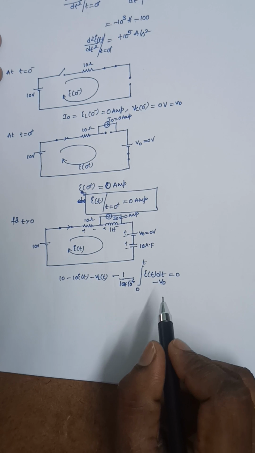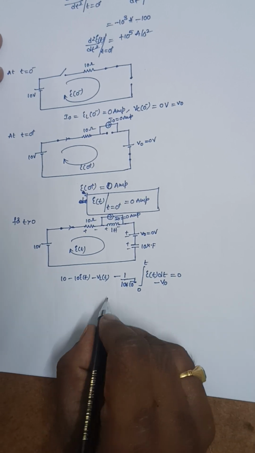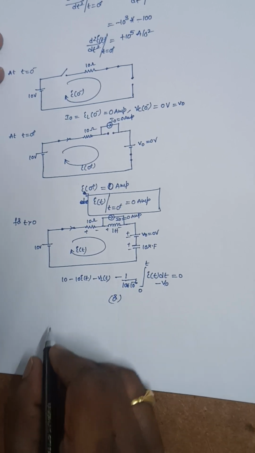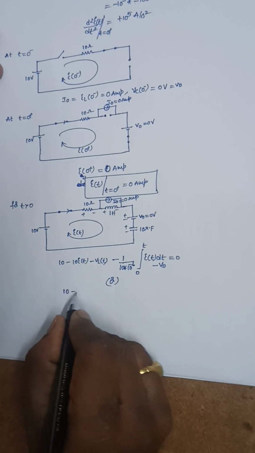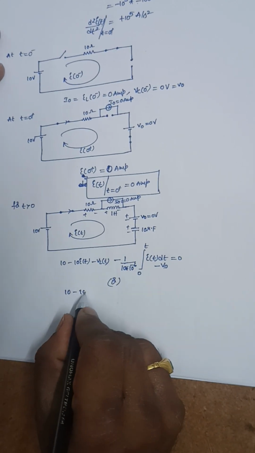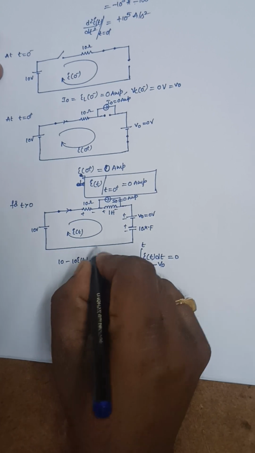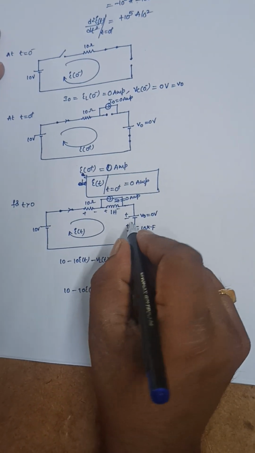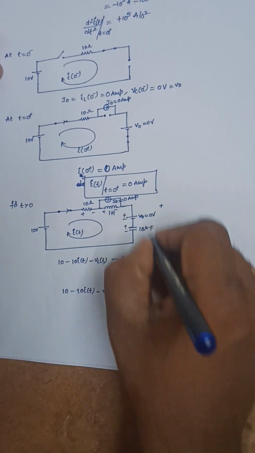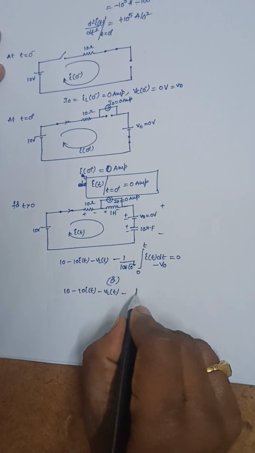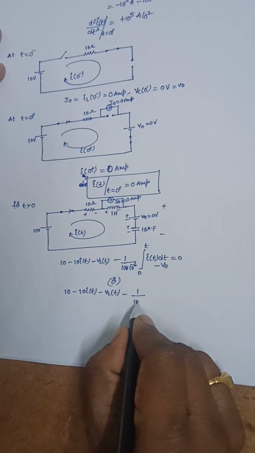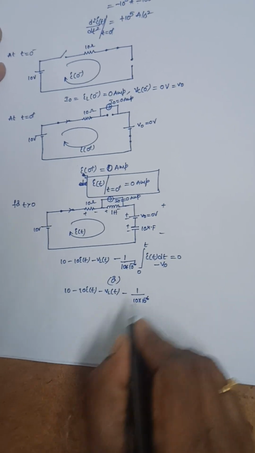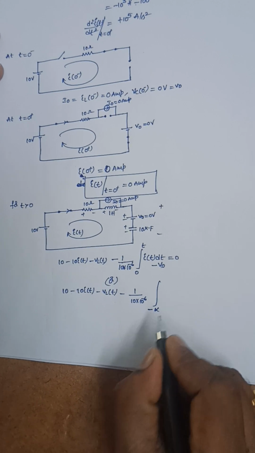Otherwise the same expression can also be written like this: 10 minus 10 into I of t minus VL of t minus 1 by 10 into 10 power minus 6, integral minus infinity to t.